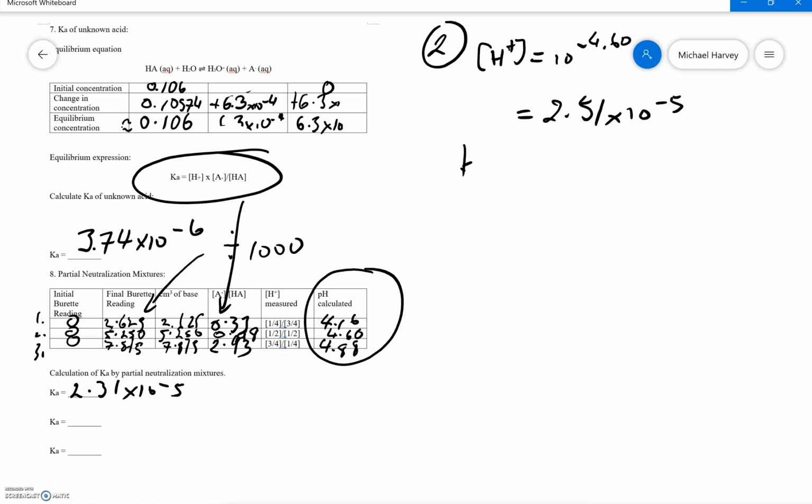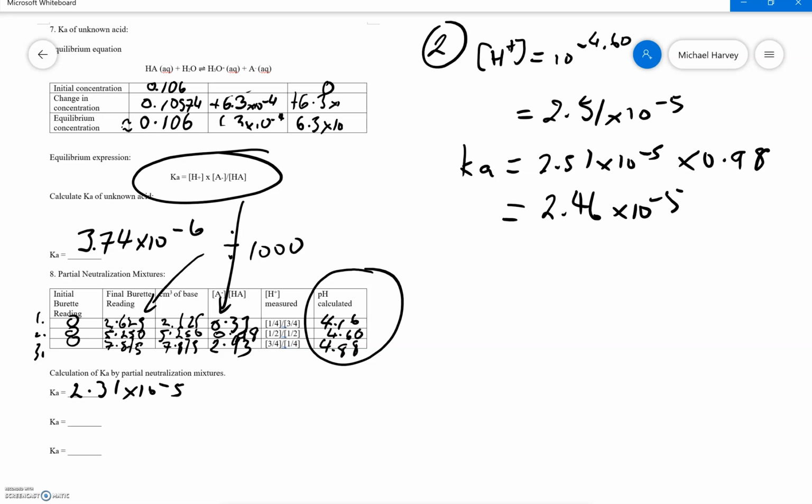And the Ka will equal 2.51 times 10 to the negative 5 times 0.98. Ideally, of course, at half neutralization, that value should be 1, but it appears, due to the difference in concentrations of the acid and the associated base, it was slightly off. So we just multiply that by 0.98, so it'll be 2.46 times 10 to the negative 5.